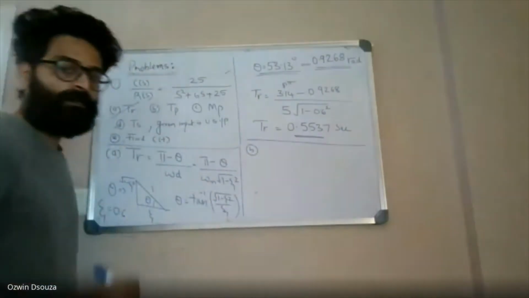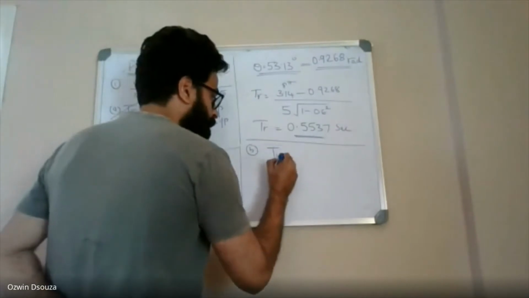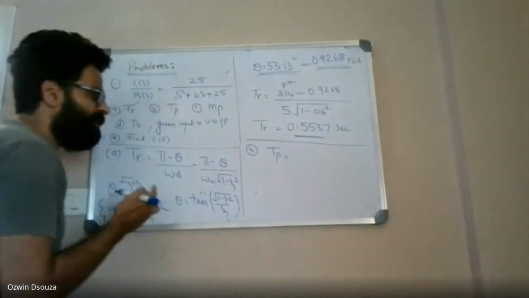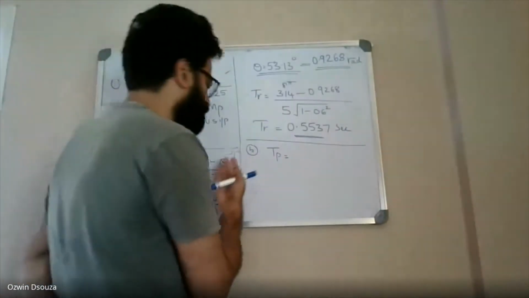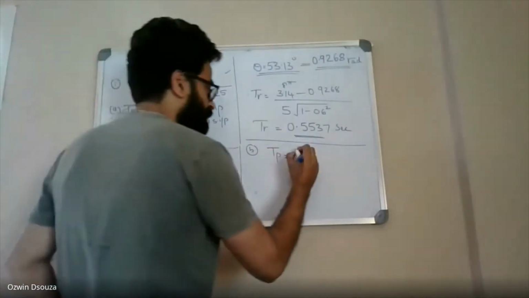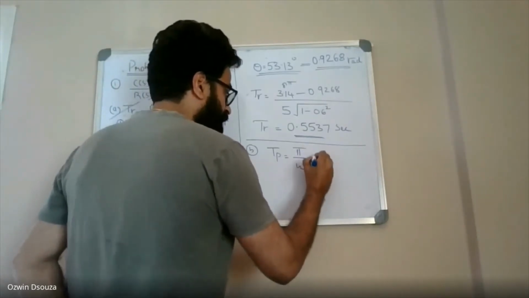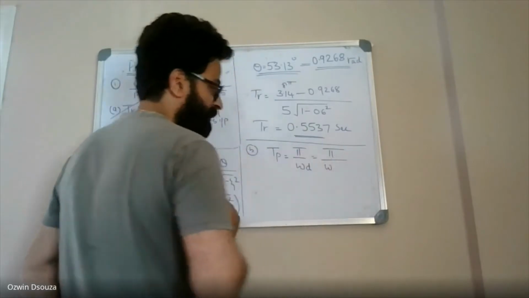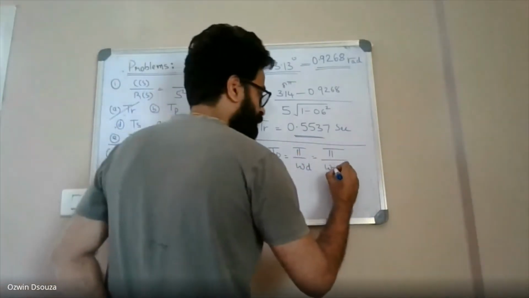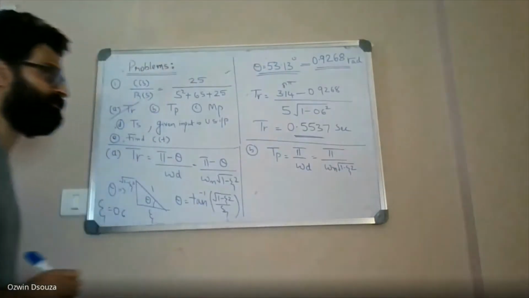Second part is the peak time, right? So TP. The peak time expression is similar to the rise time expression except for the absence of the theta term. So TP is equal to pi by omega d, where omega d is omega n into under root 1 minus zeta square.